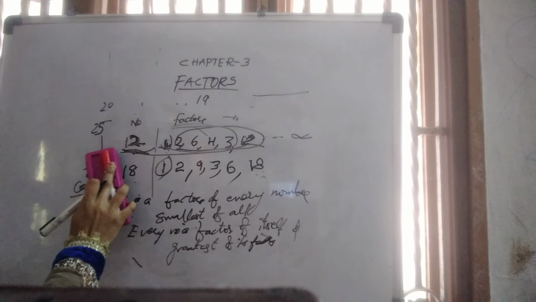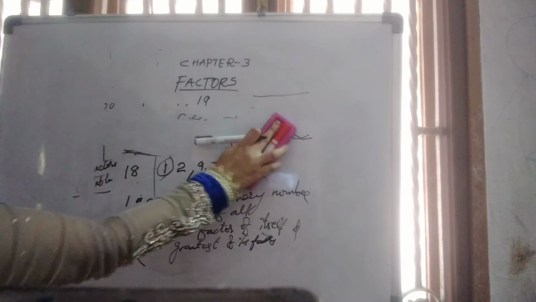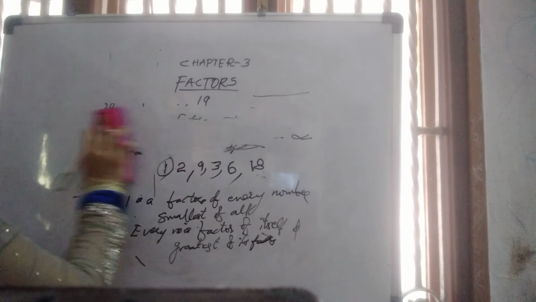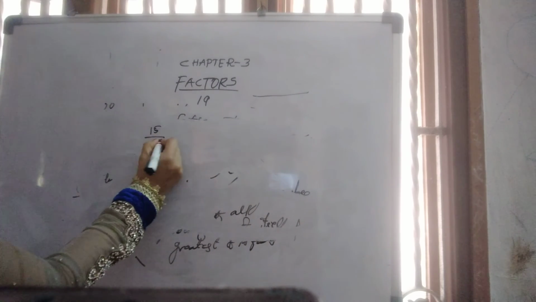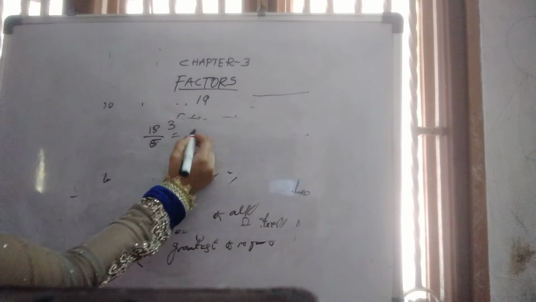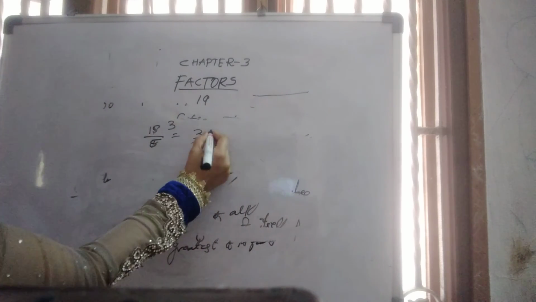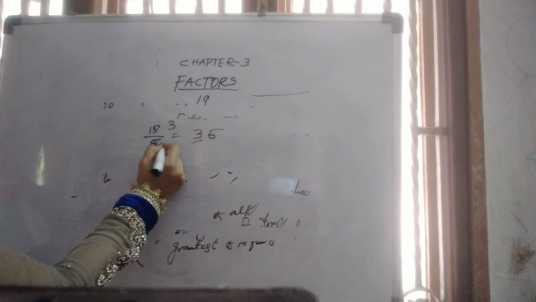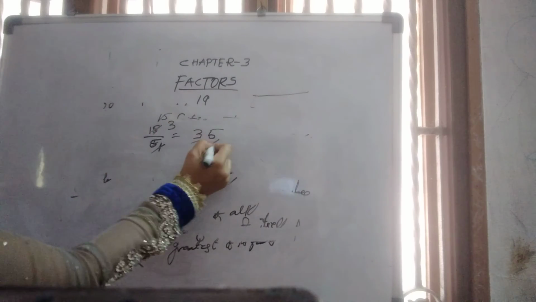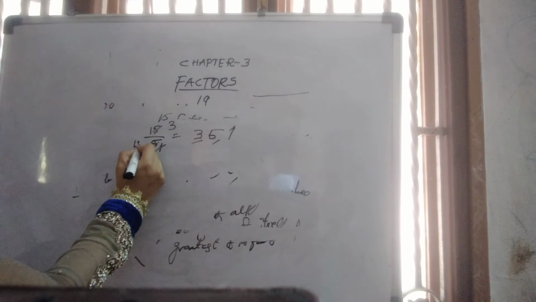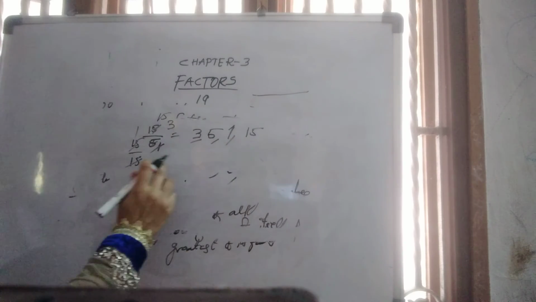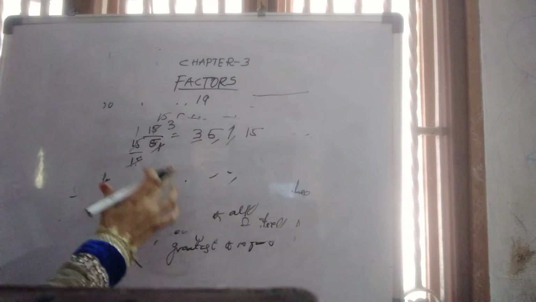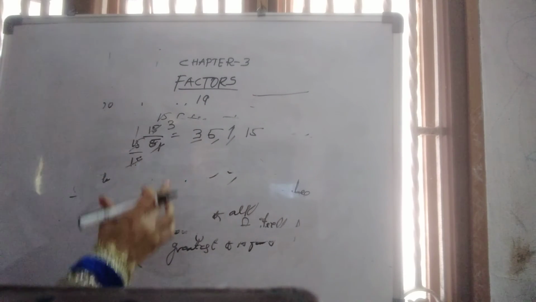What is a factor? A number which divides the other number exactly. That means 15 is divided exactly by 5. 5 3s are 15, so 3 is a factor and 5 is a factor. 1 15 is 15, so 1 is a factor. 15 divided by 15 is 1, so 15 is a factor.